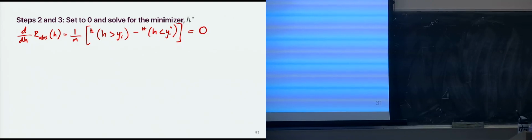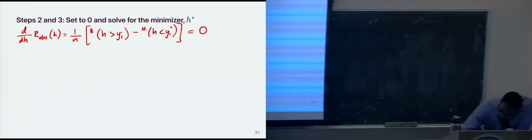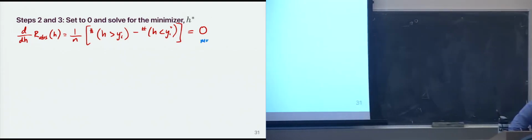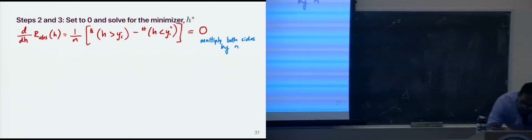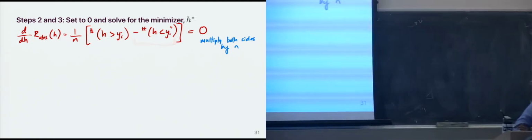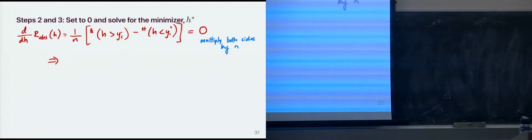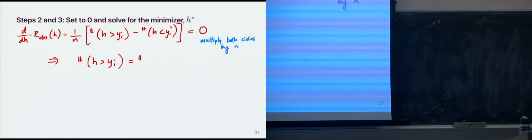Okay? Now, to do that, I'm going to start by multiplying both sides by n to get rid of this constant. And when I do that, and then add this term to both sides, what I get is the number of data points less than h should be equal to the number of data points greater than h.